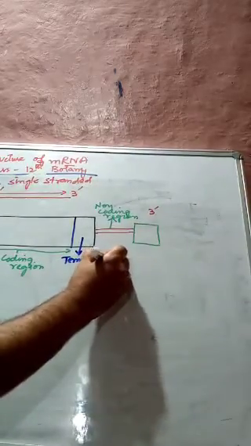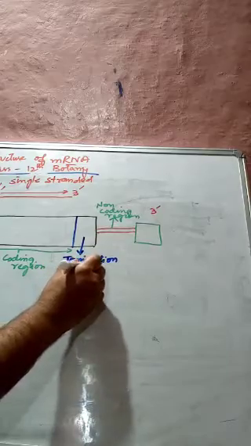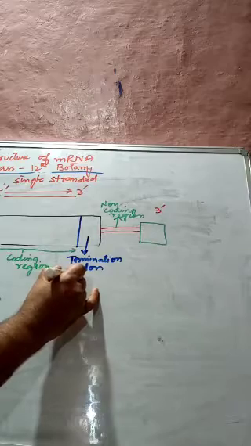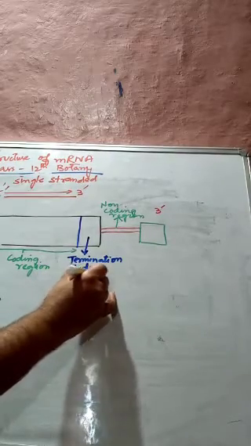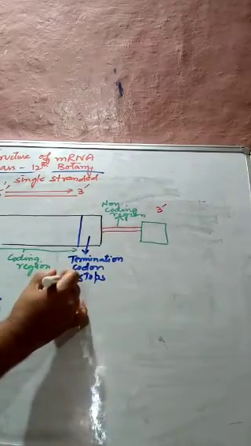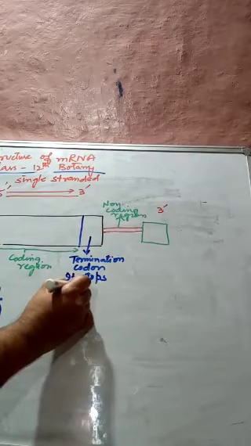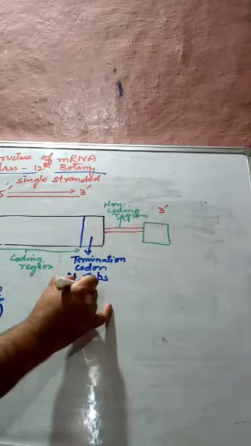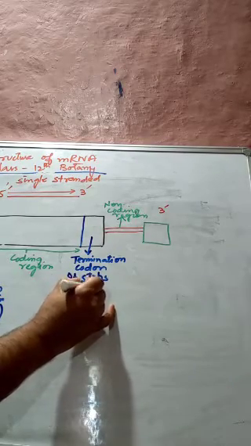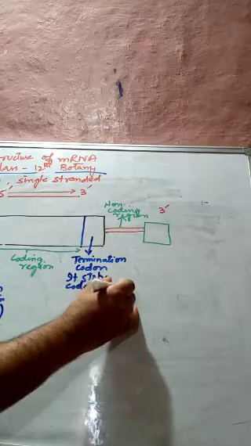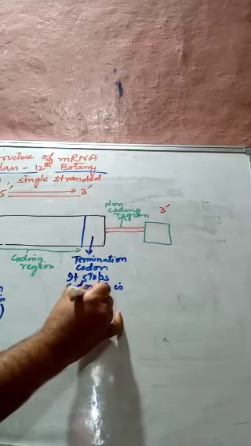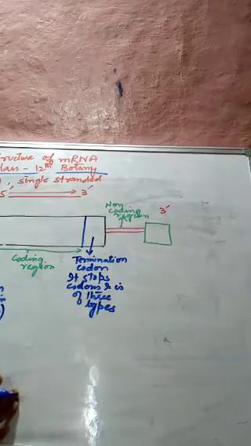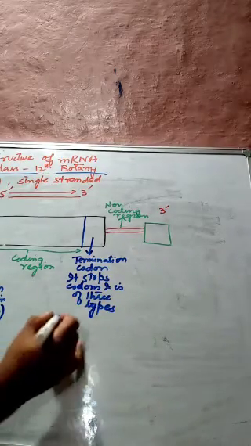It stops coding, it stops codons, and it is of 3 types. Which ones?